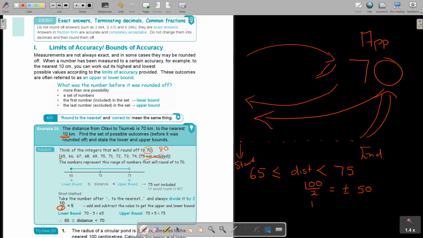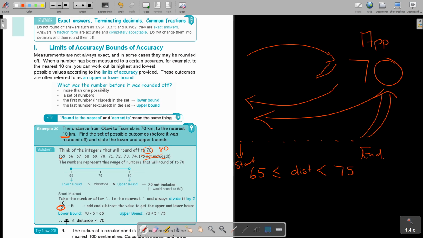If it's to the nearest 1,000, I will take 1,000 divided by 2 and it's plus minus 500. But that was not the case. They said to the nearest 10. So I divide it by 2 and I get 5. And I subtract 5 and I get 65. And I add 5 and I get 75.